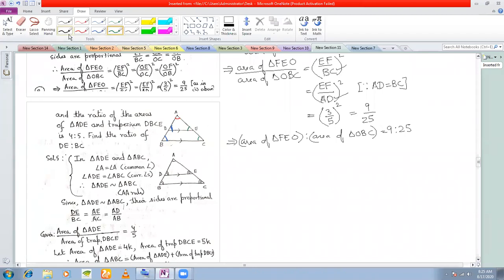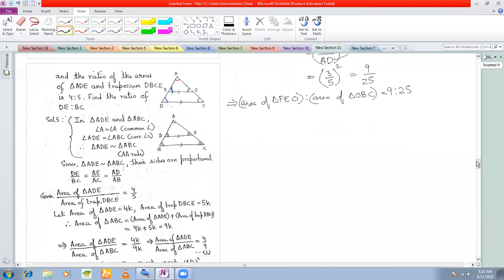We now proceed to write. Once we have proved similarity, we'll write the proportional sides. Triangle ADE is similar to triangle ABC. The proof I'm not doing, you'll do it on your own. I'm writing the proportional sides. Sides are proportional.